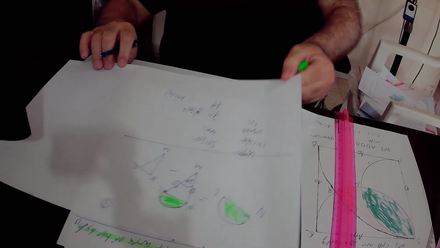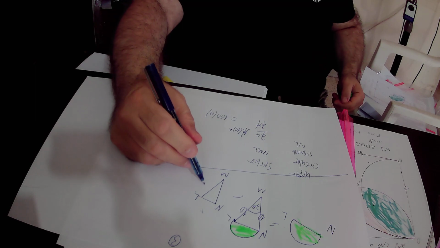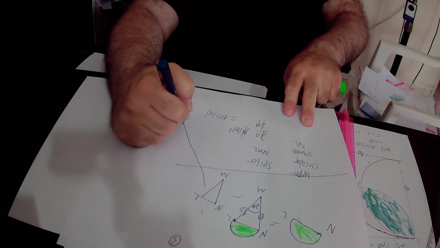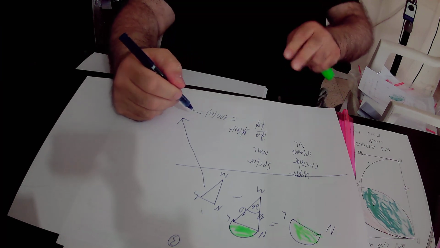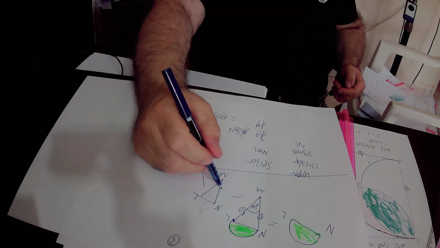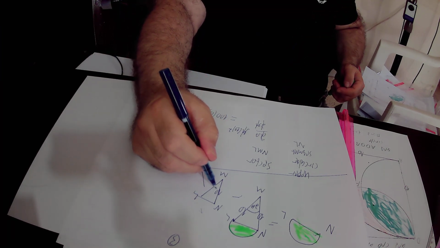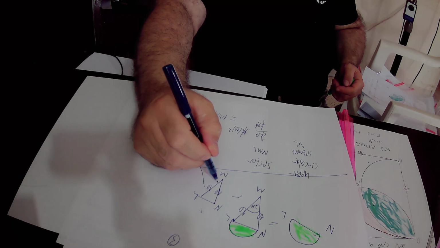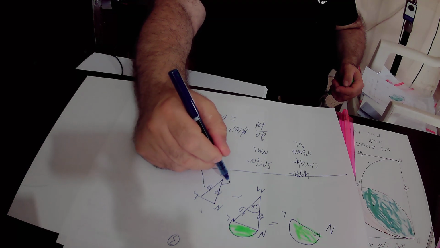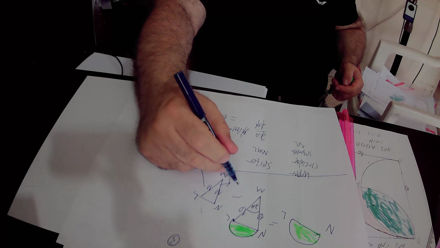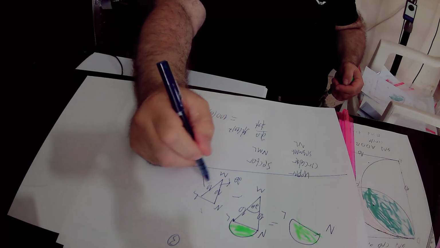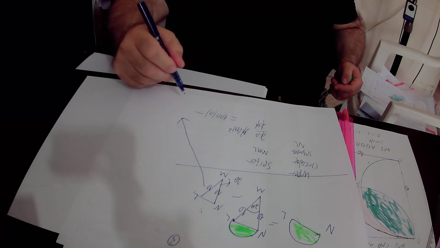Now we'll find out the area of triangle NML. So it is minus the area of triangle NML. NM equals 10, LM equals 10 units. And the angle between the sides NM and LM is 2 theta.